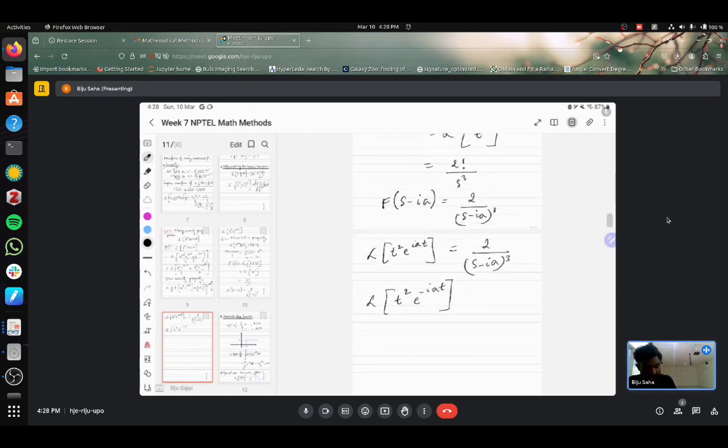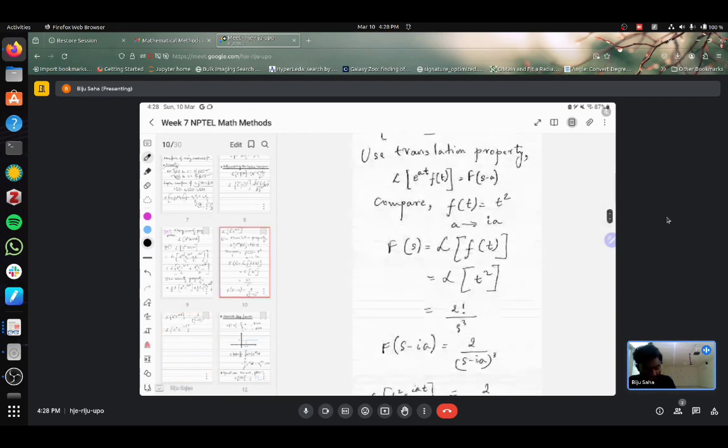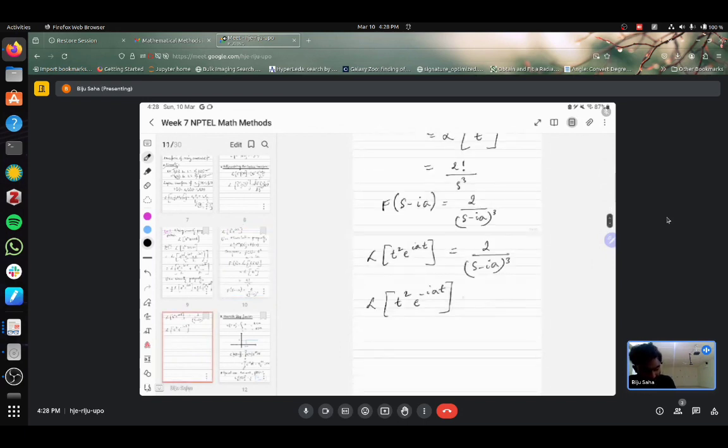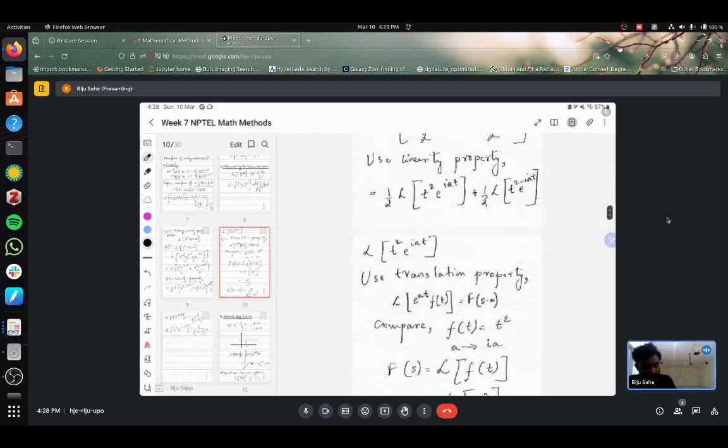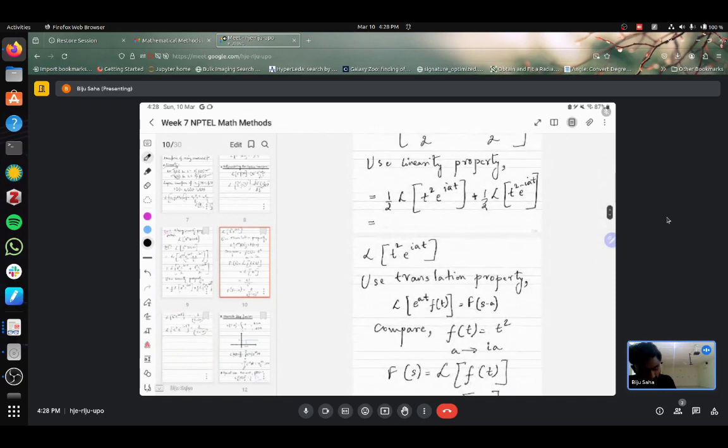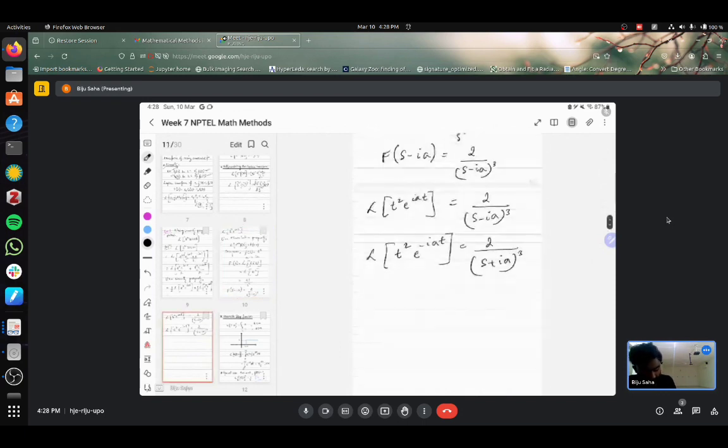The only change would be that in place of a, we change to ia, so a would change to minus ia. That is why in the denominator it will be (s plus ia) cubed. So we have obtained these two forms. Let us substitute back here and get the resultant form.